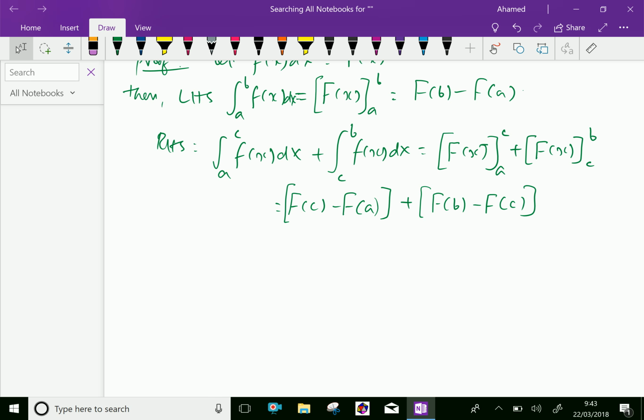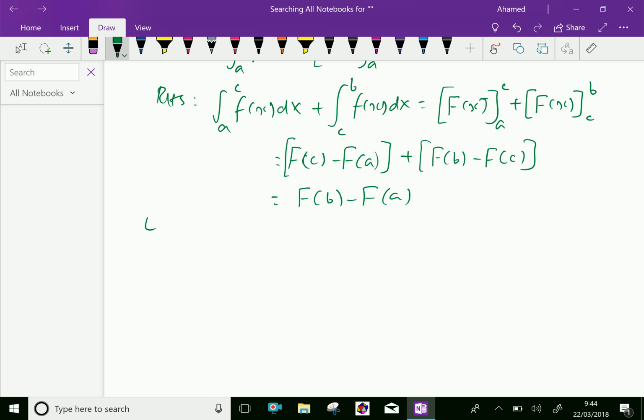Here F of c and F of c cancel, and we get F of b minus F of a. Therefore LHS equals RHS, hence proved.